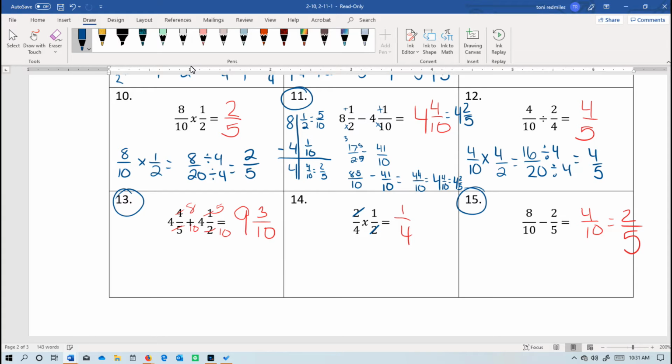All right, number 13. So first let's do the vertical method. Okay. All right, so our common denominator again is 10. All right, and we're adding. So 8 plus 5 is going to give me 13 over 10.